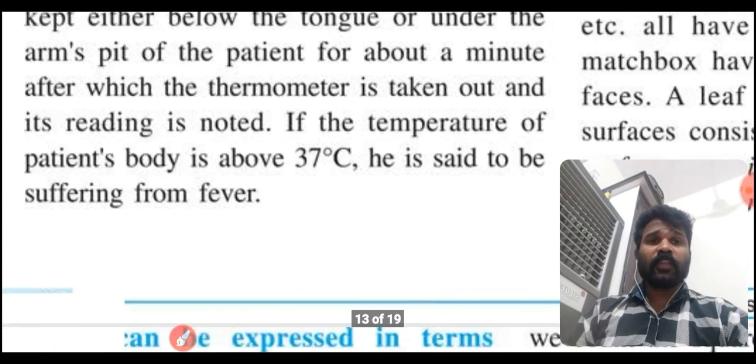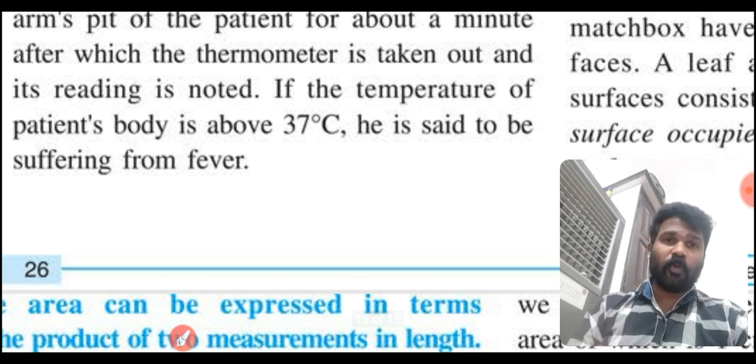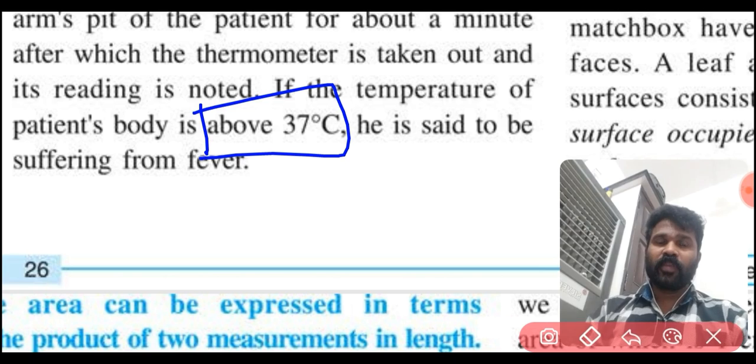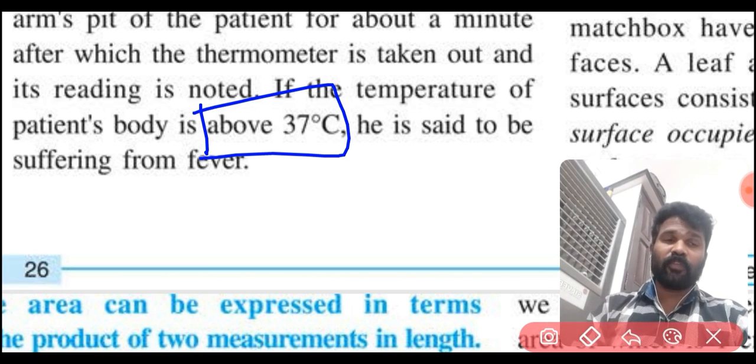Okay? If the temperature of a patient's body is above 37 degrees Celsius, he is said to be suffering from fever.